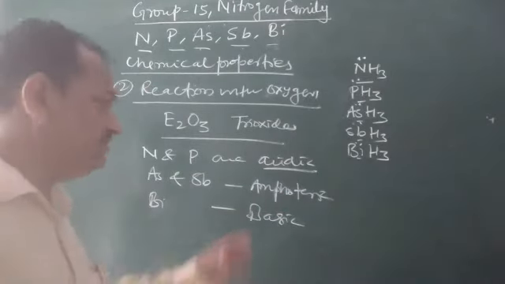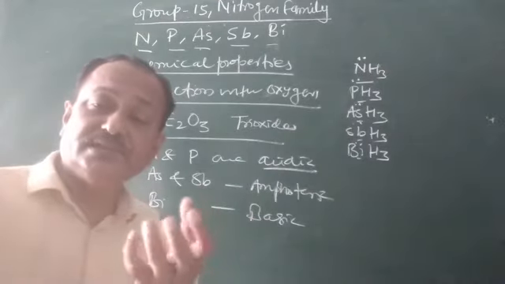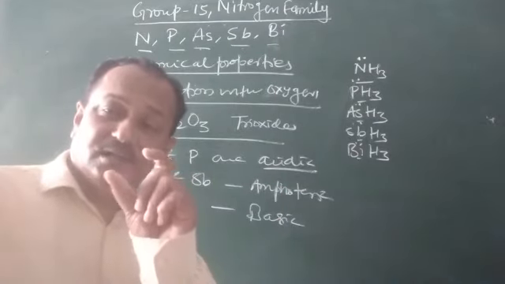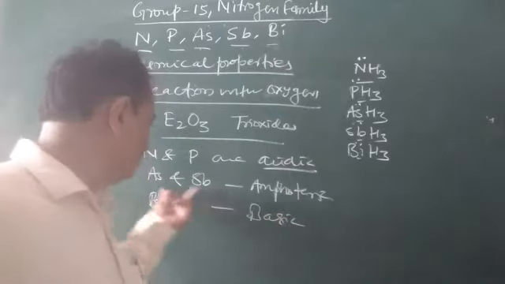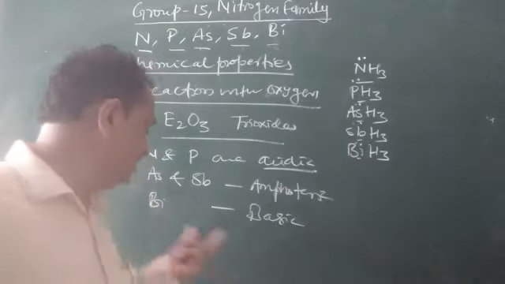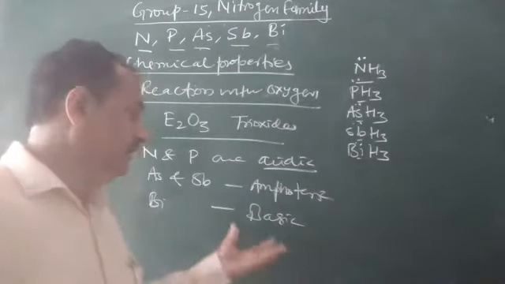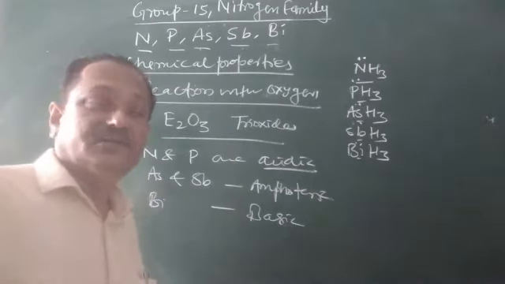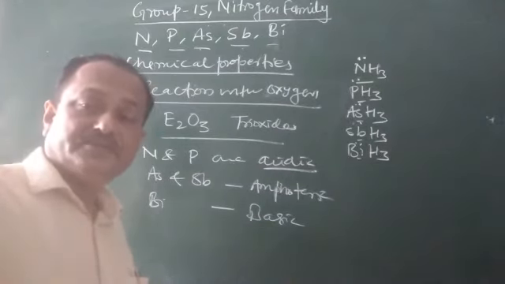Bismuth is a typical metal, so this is the trend. Nitrogen and phosphorus have very small size, so they are acidic. Arsenic and antimony have intermediate size, so they can act as acidic as well as basic. Bismuth has larger size, so its oxides are basic in nature.